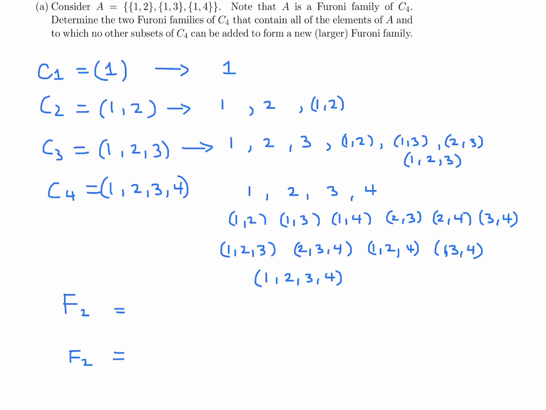So the first one, they've actually given you some of the elements already. {1, 2}, {1, 3}, and {1, 4}. And they're saying that these families, there's 2 of them. They want you to find them. Okay, so what we have to do is look at what possible candidates we have to add.